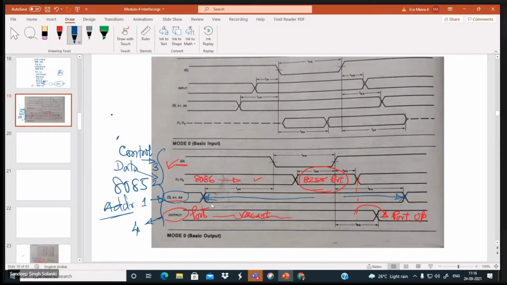Now next, what is expected is that we want to write into it. It is an output process, and we are outputting something on this. So definitely data will be going out from your processor 8085 or 8086. Data is available on the data bus, but this data will get written into the 8255 port only when there is a write cycle.